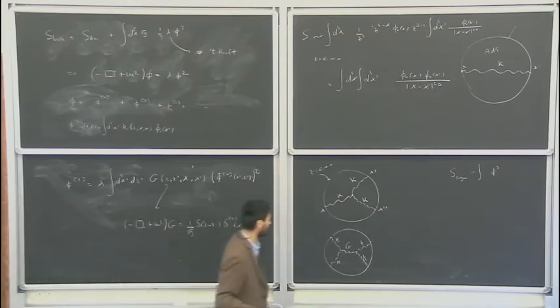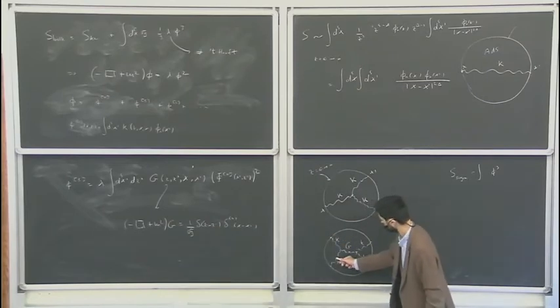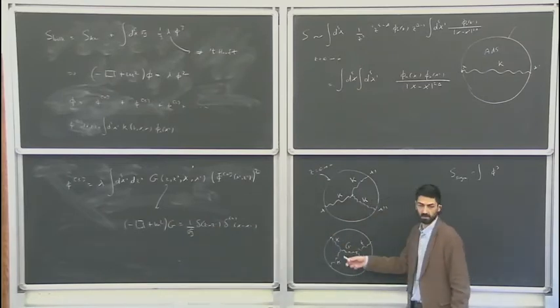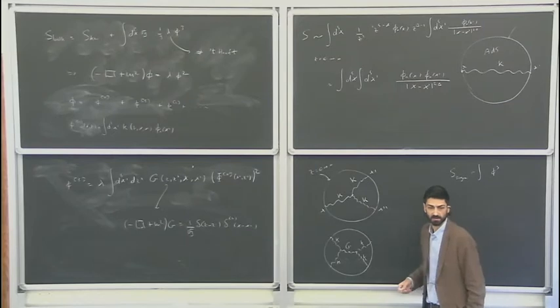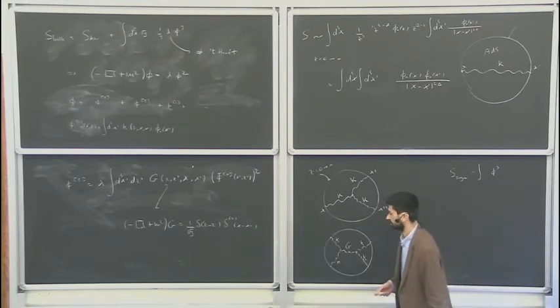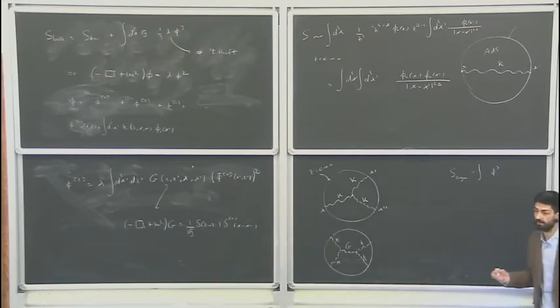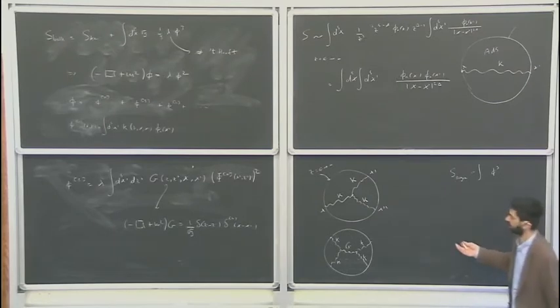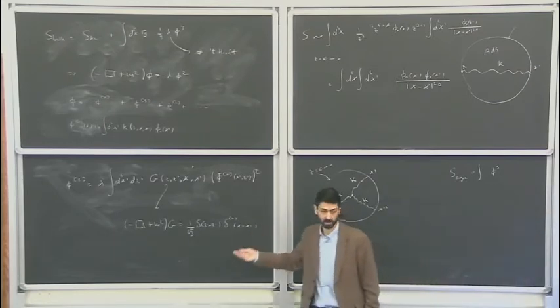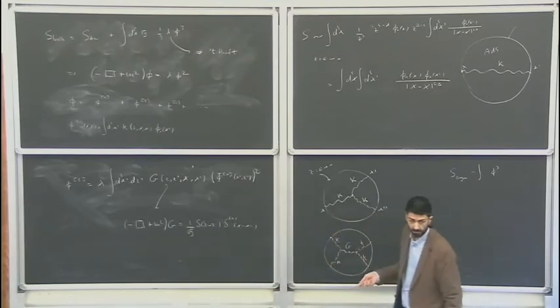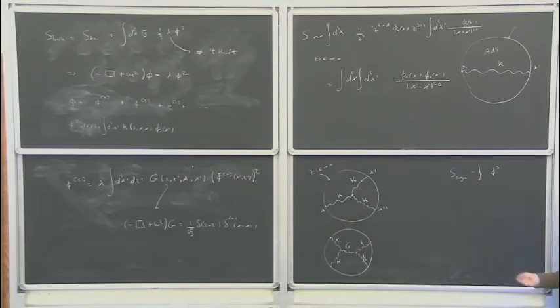You can also have cases where you will start having loops, depending on the type of vertices that you have. Again, these are easy words to say, but I just wanted to give the idea. In principle, you can consider correlation functions of operators which are not scalars, for example, correlation functions of conserved currents and whatnot.